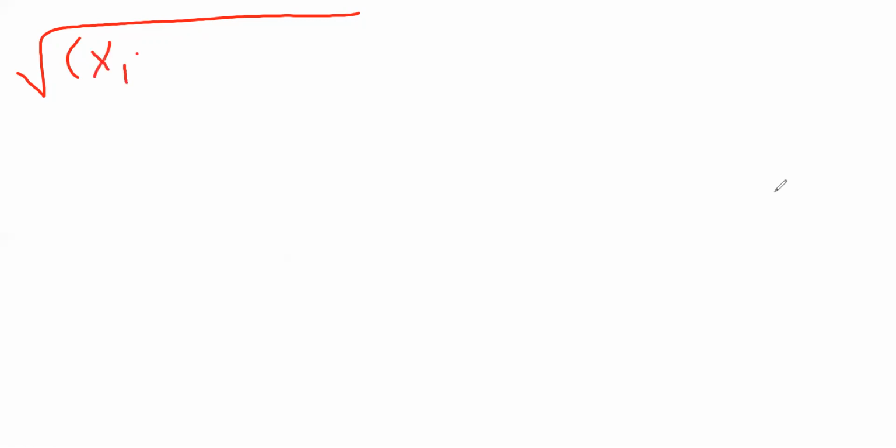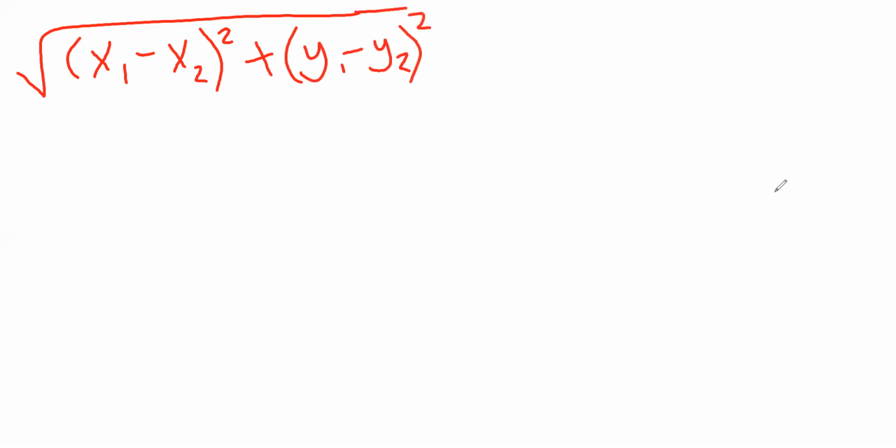And you measure side length by subtracting. You might see in some textbooks, or online, where the 2 and the 1 are reversed. It does not matter, because it doesn't matter which one's x1 and which one's x2. But the idea is that we're going to subtract the x values, square them, add that to subtracting the y values squared. So that's our formula.